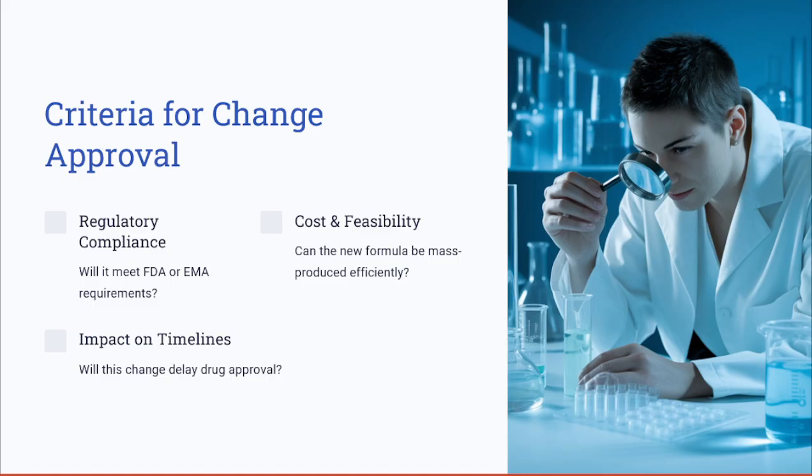Now let's look into the criteria for change approval. Every change request is assessed using predefined approval criteria, and all of these criteria are business-based. The business evaluates changes based on their value and necessity.